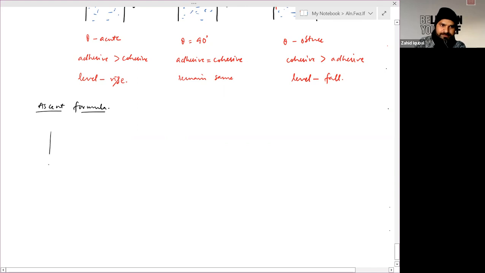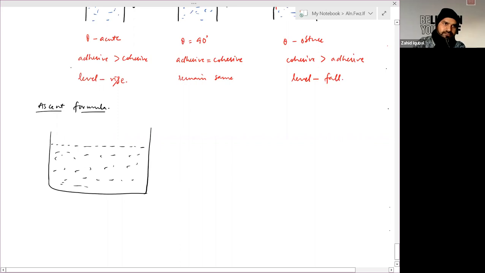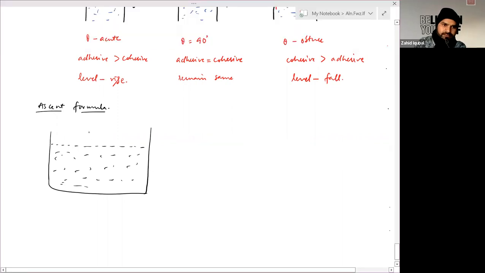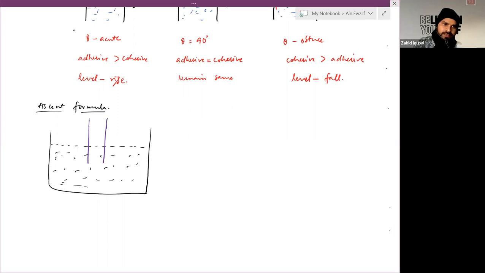Suppose in a vessel like this, if a capillary tube is inserted like this, so level of liquid in this particular tube may rise due to its molecular interaction, or you'll say due to surface tension, let's say up to this level.